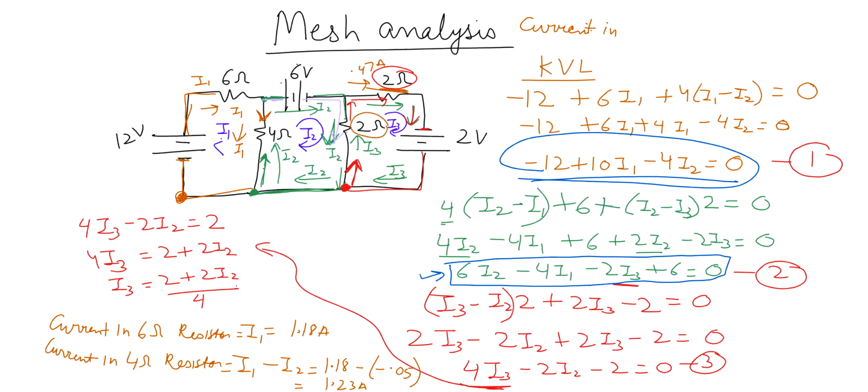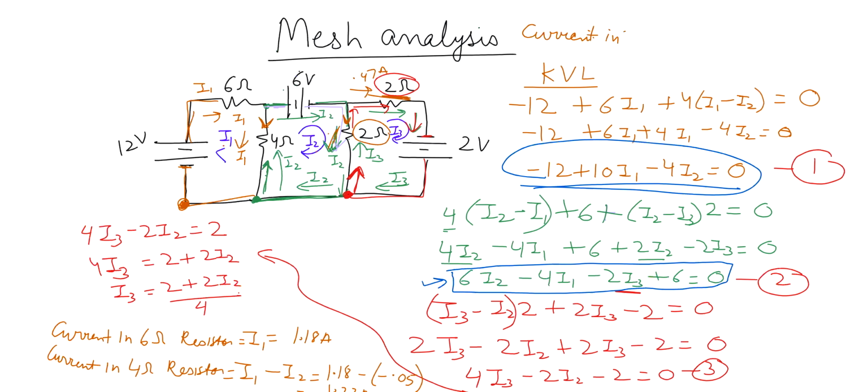If I take the direction of I2, let's suppose the current in 2 ohm resistor is flowing in this way. So I can say that it will be I2 minus I3 because I3 is in opposite direction. So what was I2? We found I2 as minus 0.05 minus I3. I3 we found as 0.47.